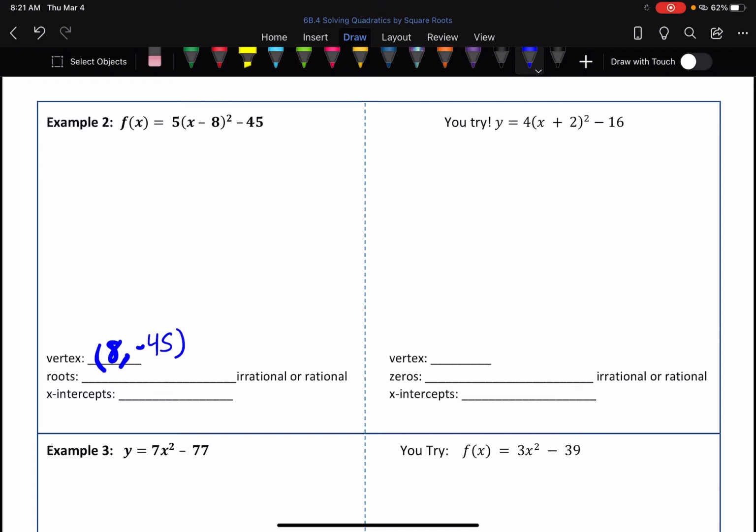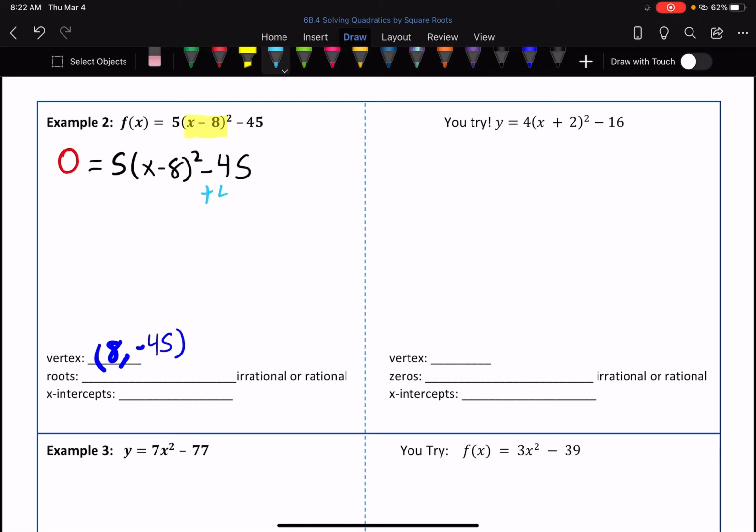So just like we did with standard form, we're going to try to isolate our squared term. But in this case, our squared term is actually our parentheses. So we're going to try to isolate that parentheses. First thing I do is set our f of x equal to 0. So I have 0 equals 5 times (x minus 8) squared minus 45.